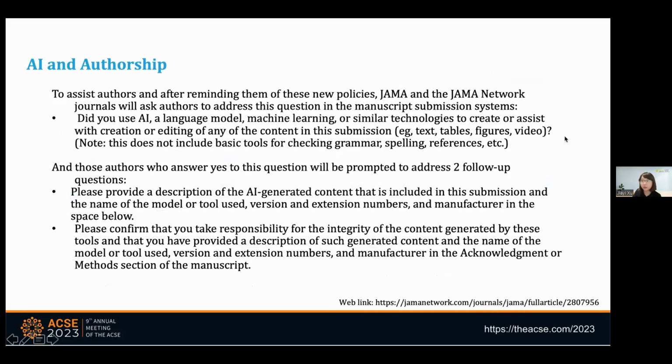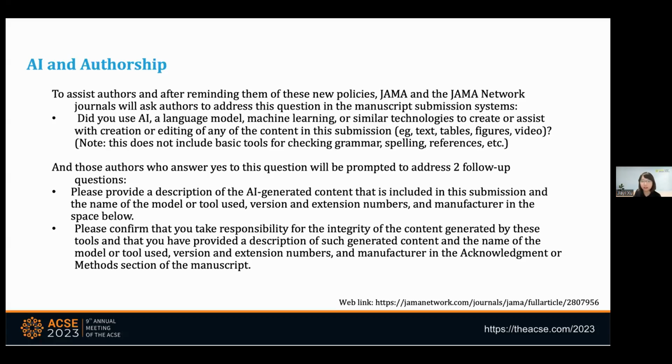Furthermore, JAMA and the JAMA Network also published related policies. Following these new policies, JAMA and the JAMA Network journals will ask authors to address these questions in the manuscript.